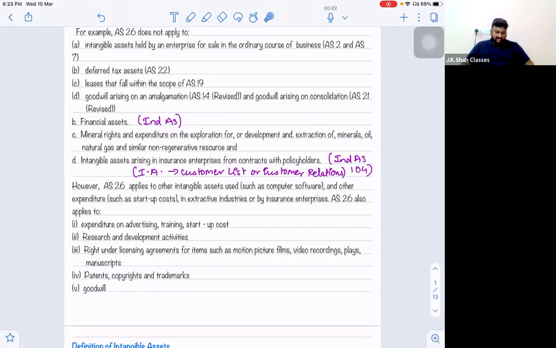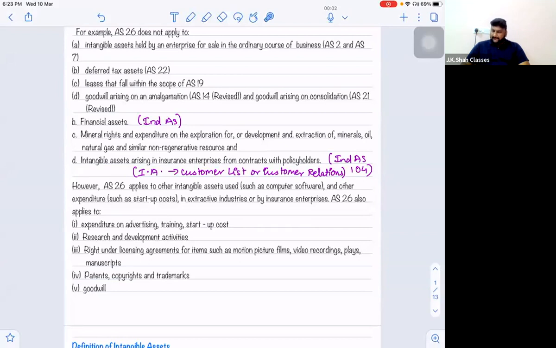Mohit, yes. Sir, in general, how many Ind AS are there? Your network is very poor, Mohit. Sir, am I audible now? Yes, please speak.